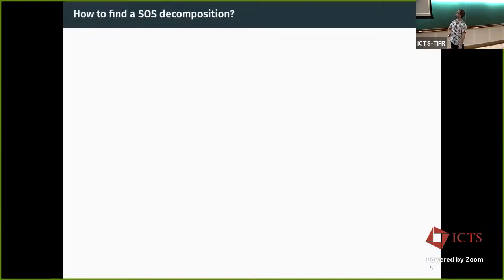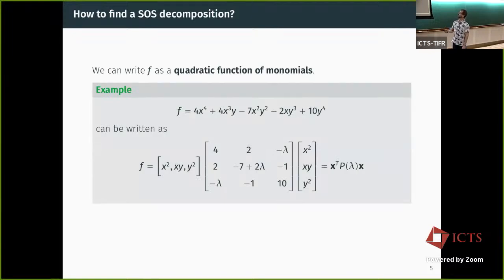And one of the ways is through linear algebra. Sometimes it is possible that if I have a polynomial, I can write it as a quadratic function of monomials. What does it mean?